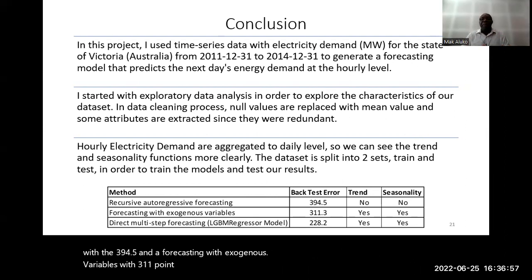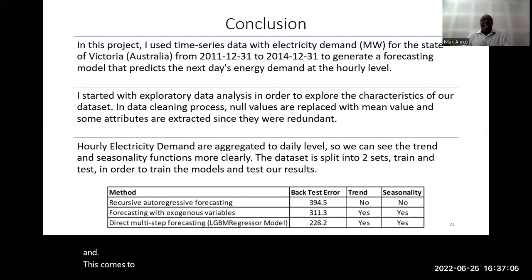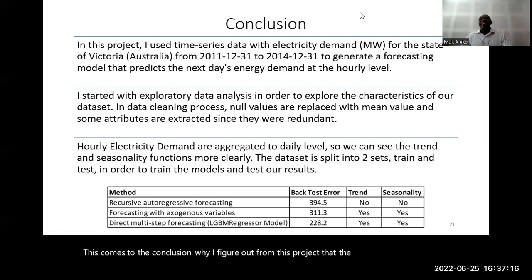The direct multi-step forecast had the lowest backtest error. And this comes to the conclusion I reached from this project, that the direct multi-step forecasting LGBM regressor model is the best. Thank you.